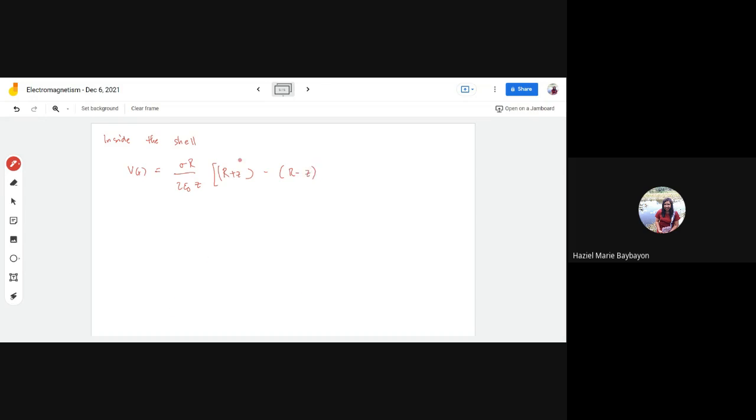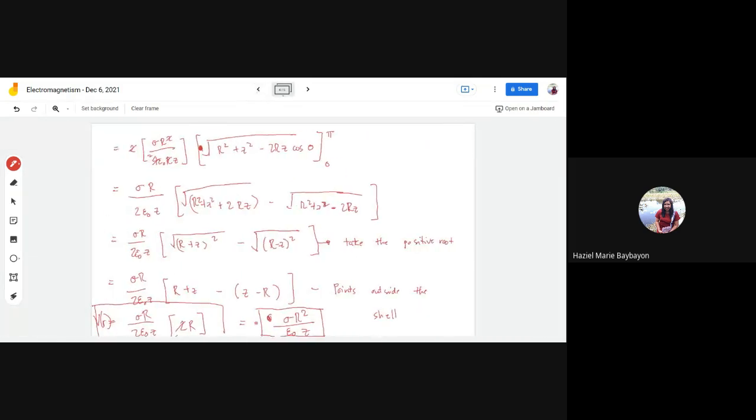Okay, let me just verify. So we have sigma r over 2 epsilon naught z, and then r plus z minus the positive root, which is r minus z inside the shell.